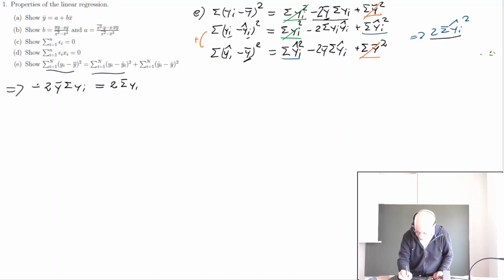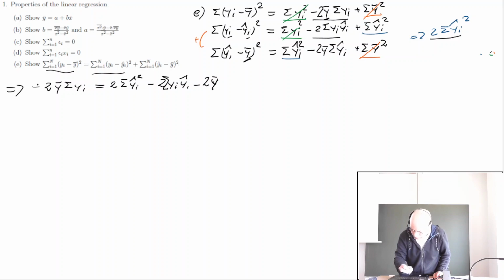There we have these 2 sum over y hat i squared minus 2 yi sum y hat i minus 2 y bar sum y hat i.